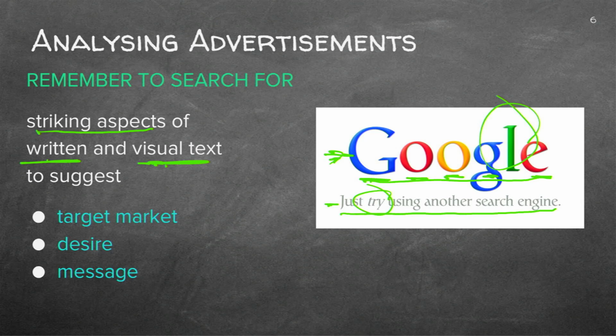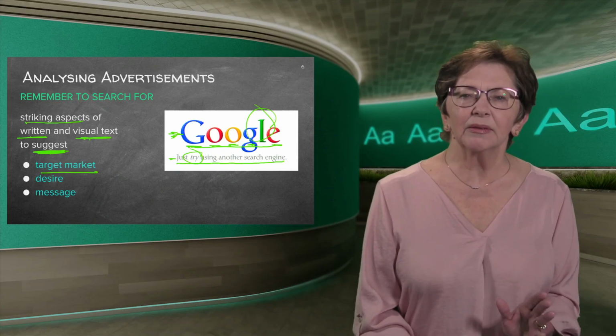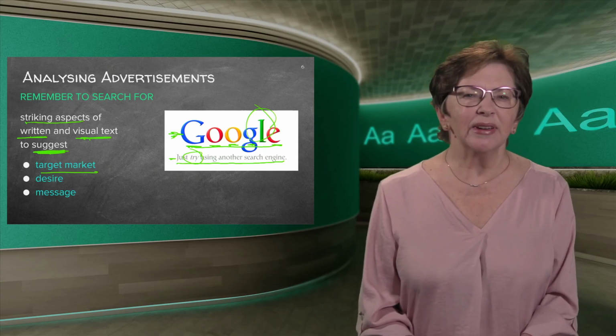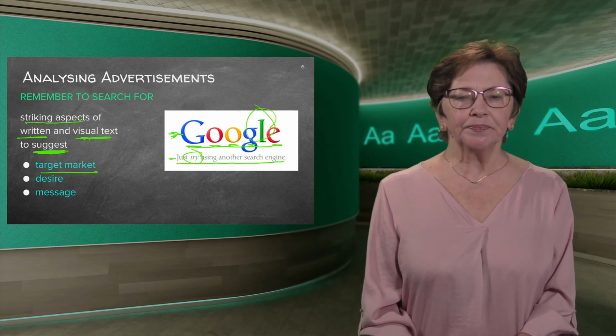We can bend the rules a little bit. How do they suggest to us who the target market is? It's actually anybody who wants to get some information, but in a not too serious way. It's user friendly, and you can have fun doing it.